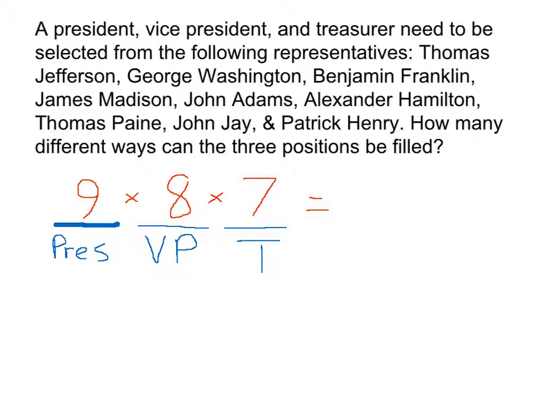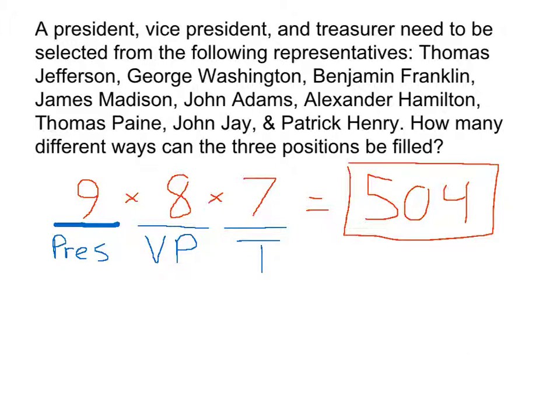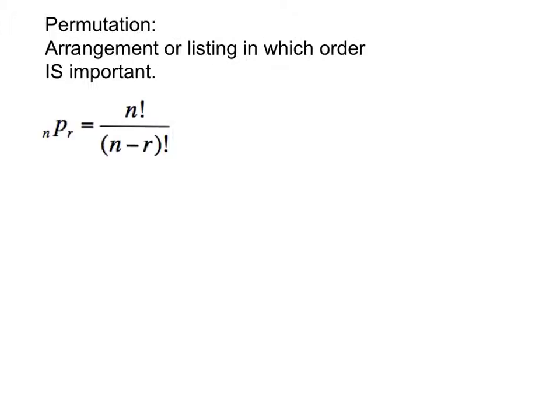If we multiply that all out, we get 504 different ways to do this. Okay, 504 different ways to do this. Now this problem is an example of a permutation. A permutation is just an arrangement or a listing in which order is important. The order that I write the 3 guys down does matter.